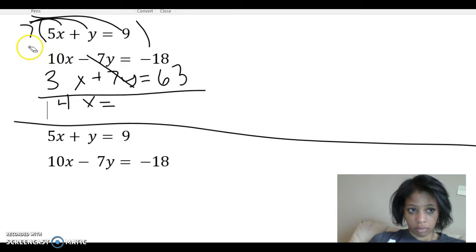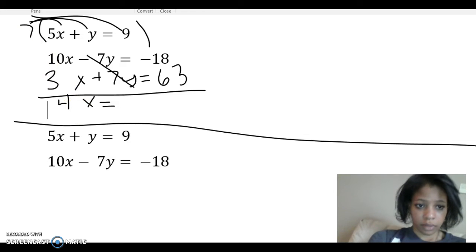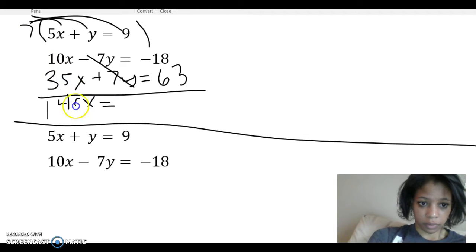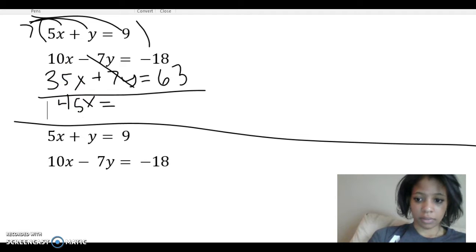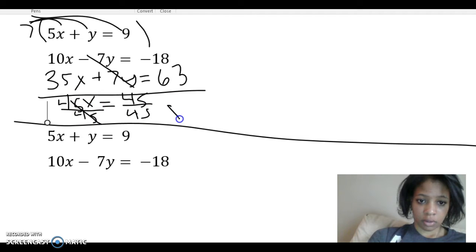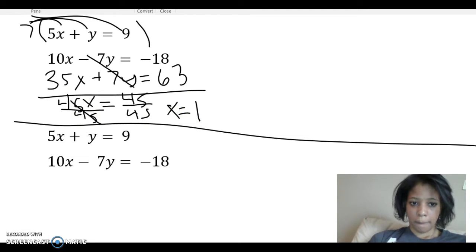Sorry, I made a mistake, y'all. It happens. It should have been 35 and then 45. We divide both sides by 45 to solve for x. So x equals 1. Okay?